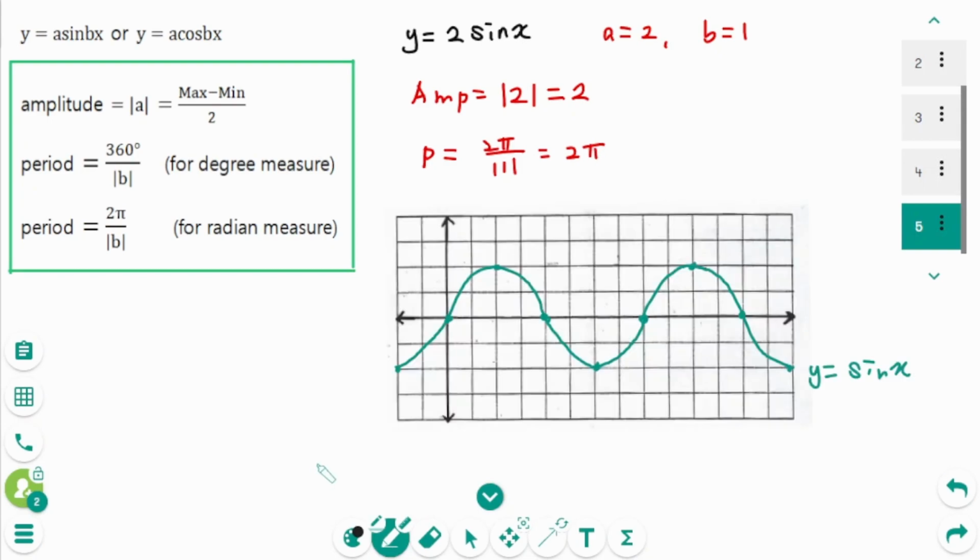Now, let's use the transformations to see how the graph of a given function compares to the graph of y equals sine x: a vertical expansion by a factor of 2 about the x-axis. We will see the graph of y equals 2 sine x. First, plot the points, then make the curve.